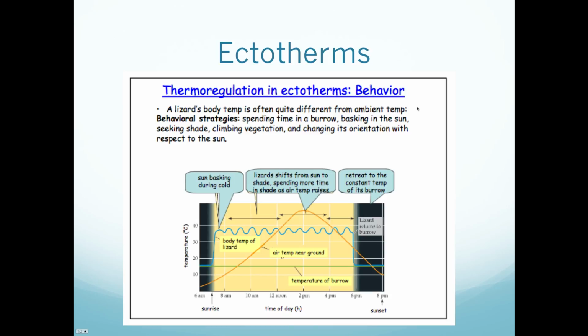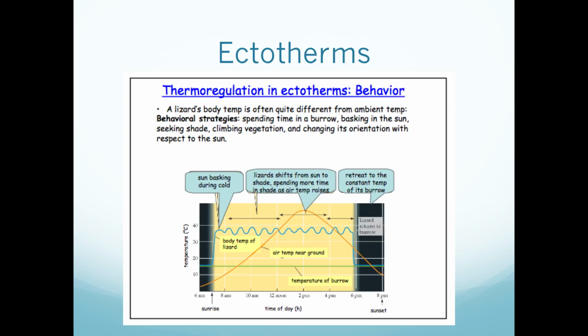All right, here is an ectotherm's behavior over a specific time of day. You've got basking of this lizard, and the behavior of the lizard is going to change as the temperature changes also. The squiggly blue line is the body temperature of the lizard, and then you've got the air temperature near the ground, and then you've got a burrow.